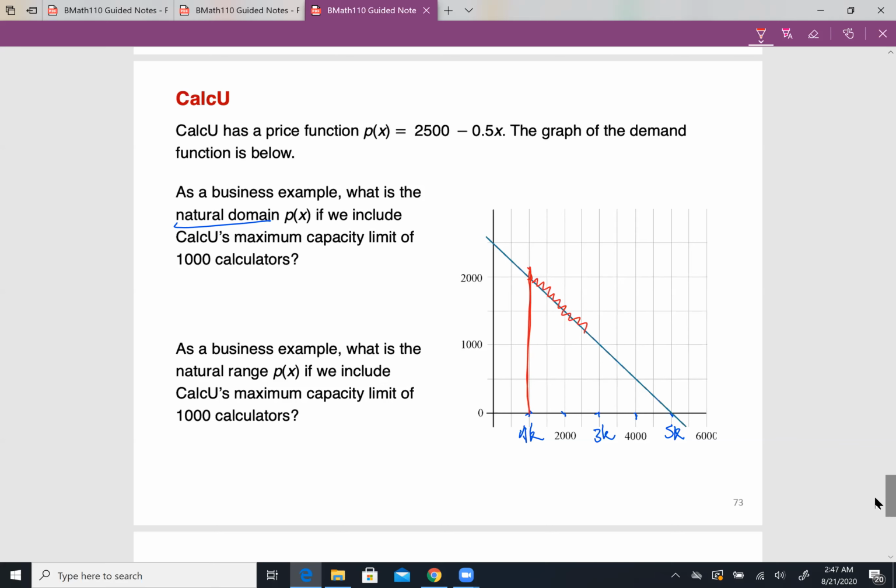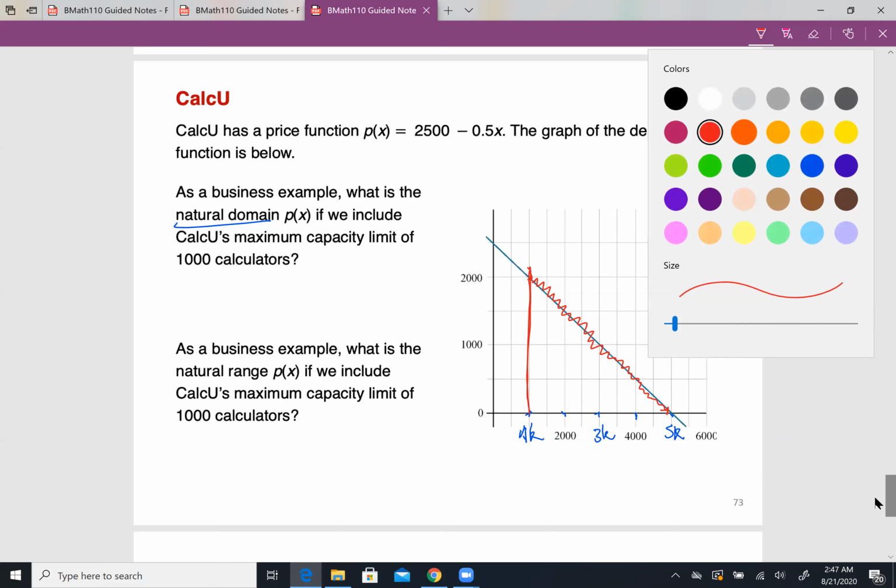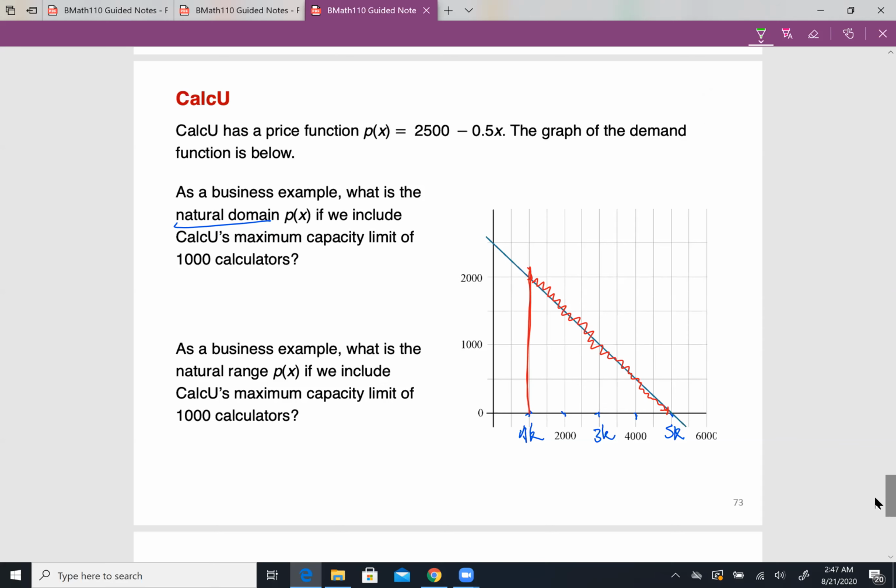So now I'm just going to care about the blue line here, and the domain is now just from 0 to 1K. So 0 to 1,000, right?